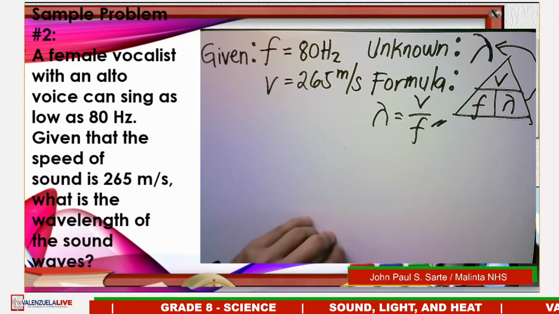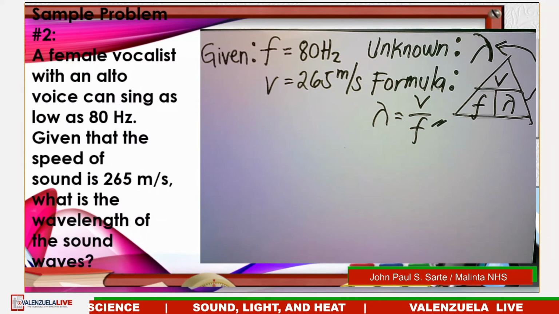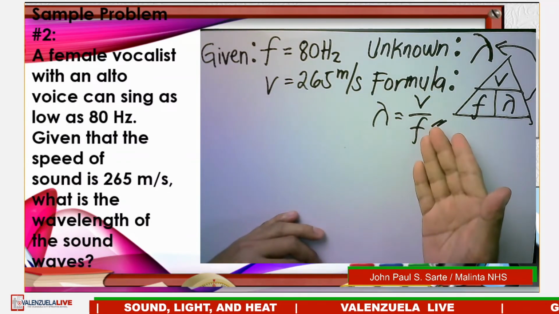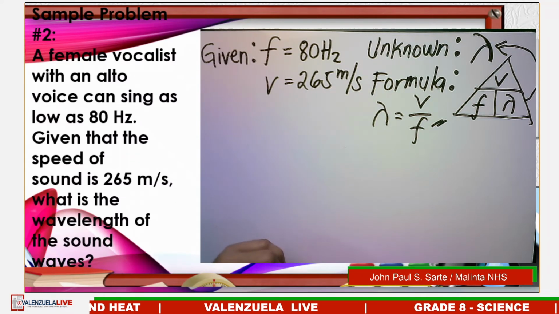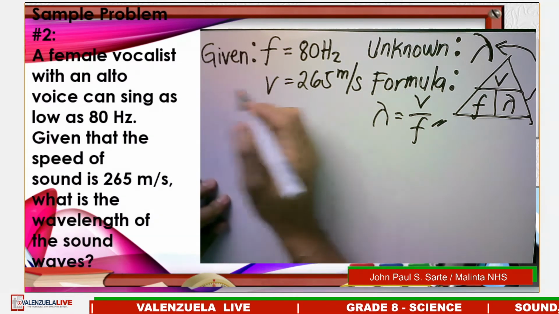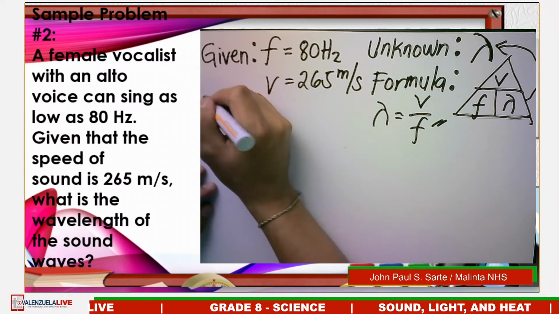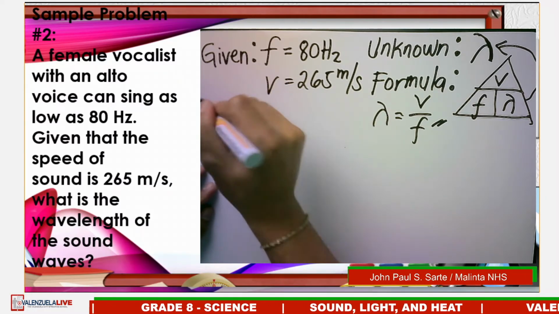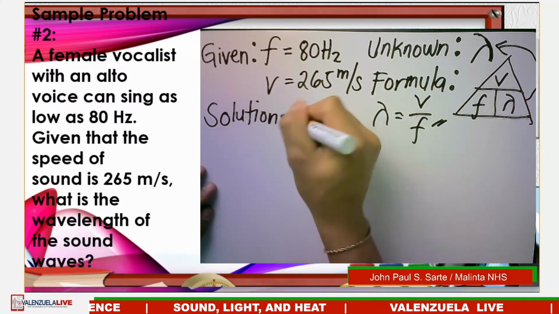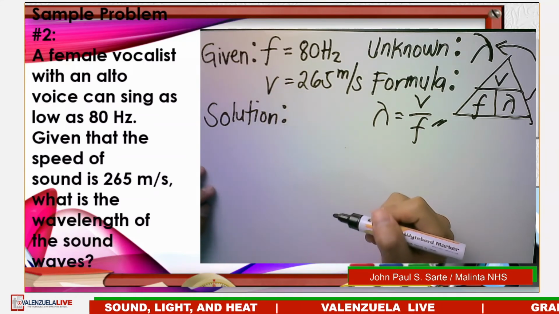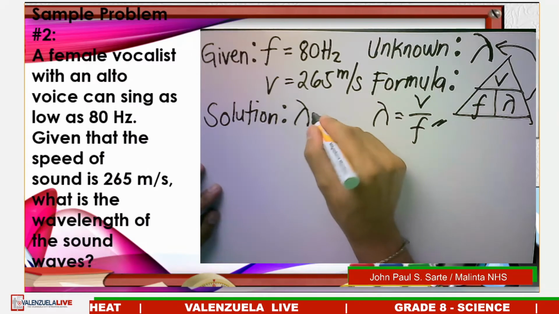Now, let us move on to our solution. By the way, class, are the given, unknown, and formula already clear to you? Okay. I hope it is already clear as the sun. Let us move on to our solution. In our solution, you need to get first the formula for your reference.